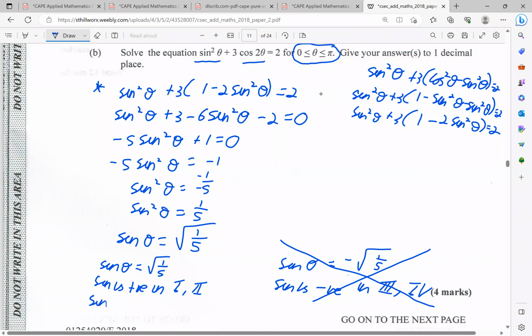So I could do sine theta r is root 1 over 5. Theta r is sine inverse root 1 over 5, which is 0.46.